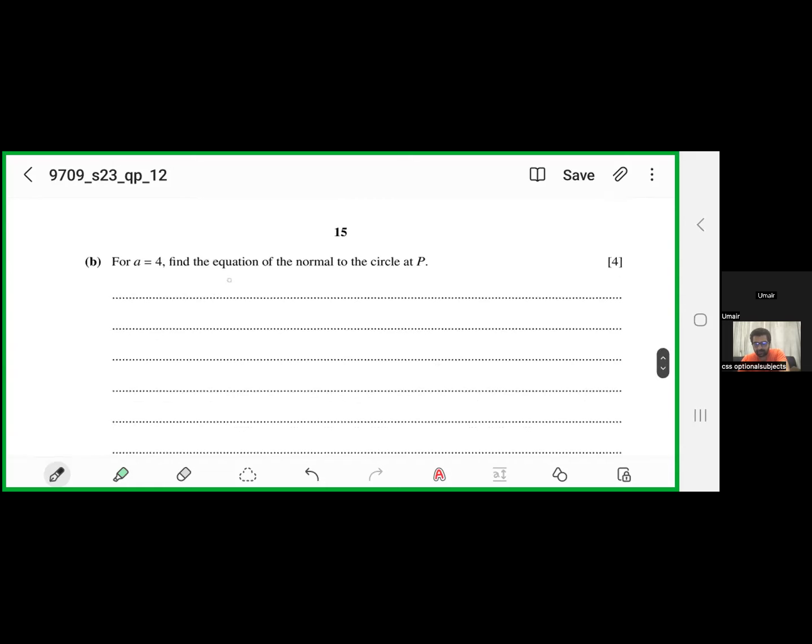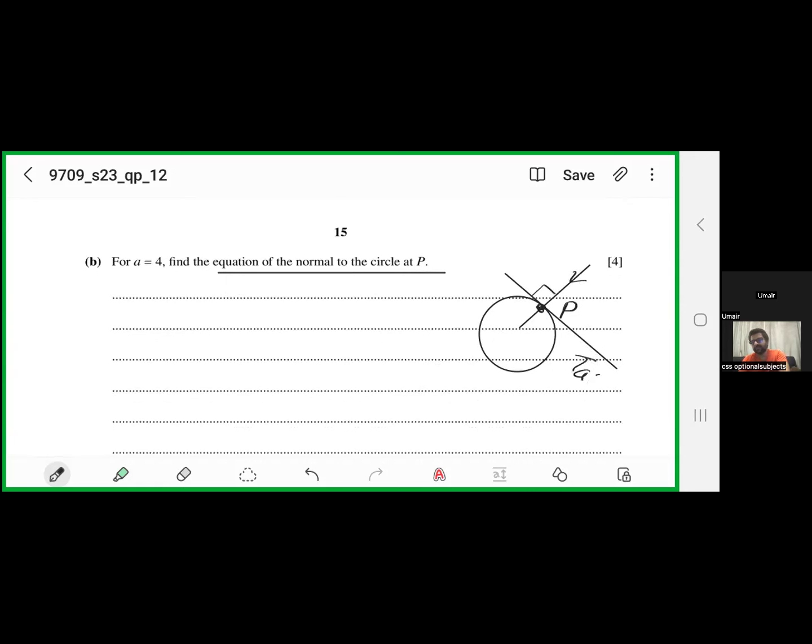For a is equal to 4, find the equation of the normal to the circle at P. This is the circle, this was the tangent, and this is the normal. This is point P. You know, the normal is at an angle of 90 degrees with the tangent.